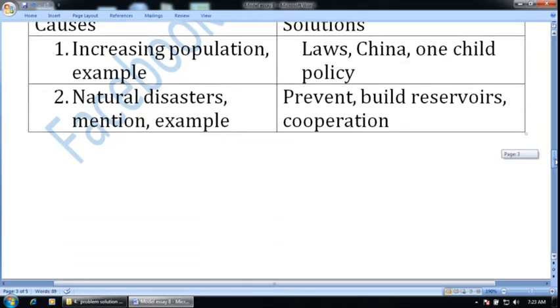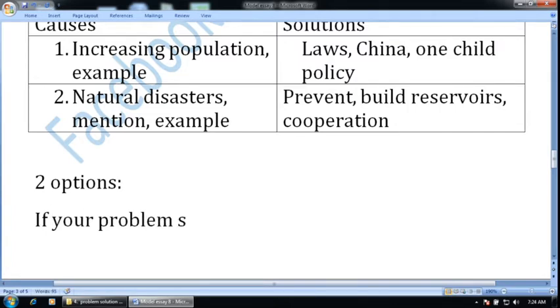After that, you need to decide how you would plan the structure of your essay. First of all, I would write the introduction, and after the introduction you have two options in these kinds of problems and solutions.